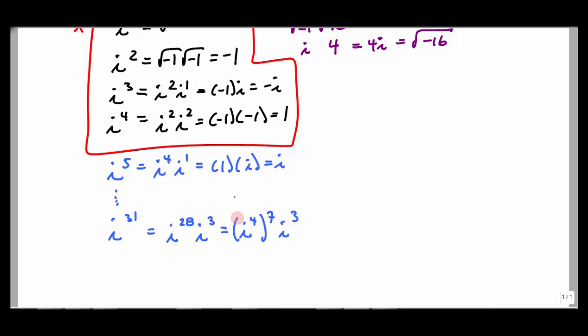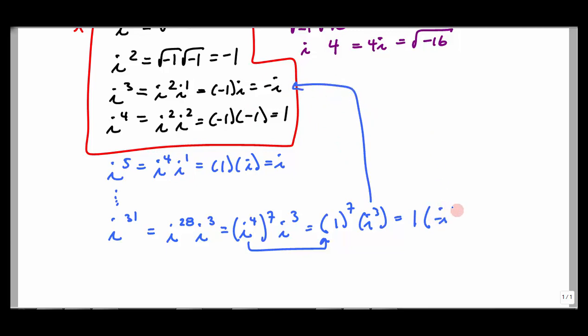Now this piece right here, i to the 4th, we know is just equal to 1 from what I have memorized. So I have 1 to the 7th times i cubed, and of course 1 to the 7th is 1, and i cubed we know from up here is -i, so I just get -i back. So i to the 31st is just -i.